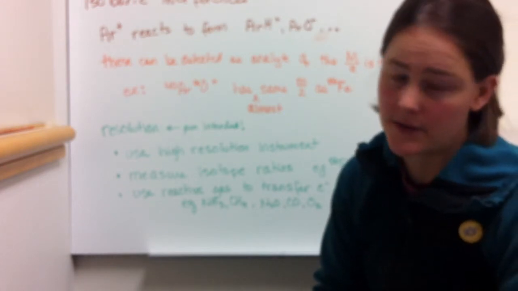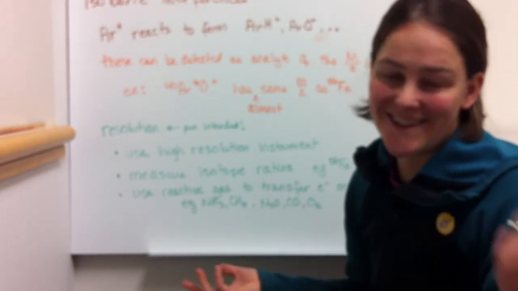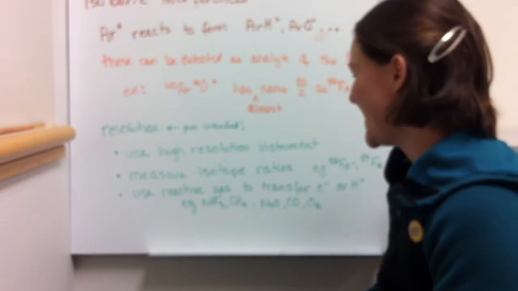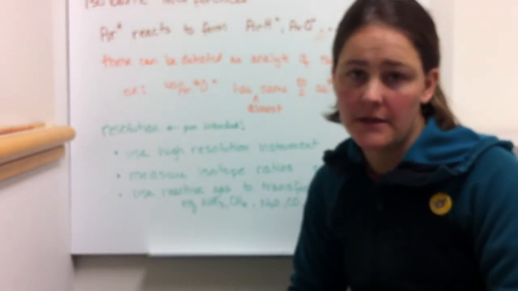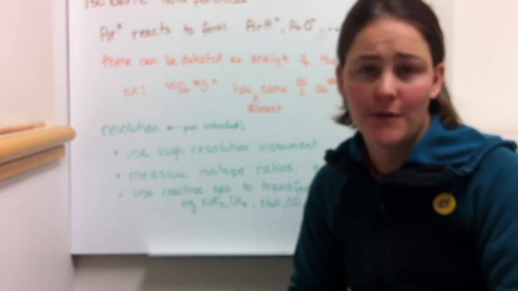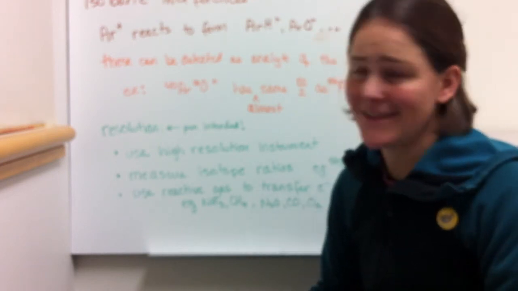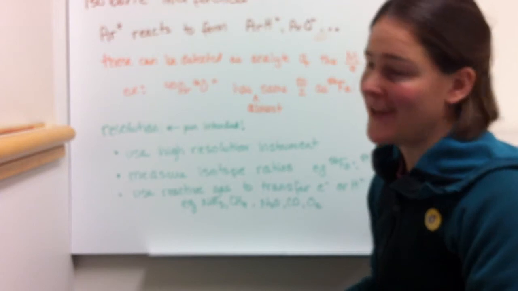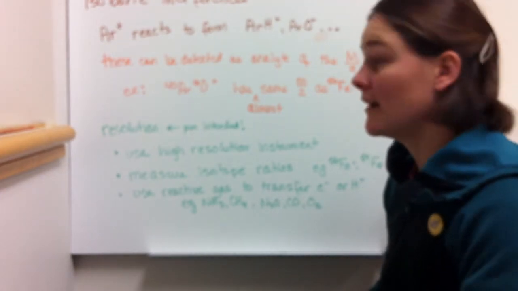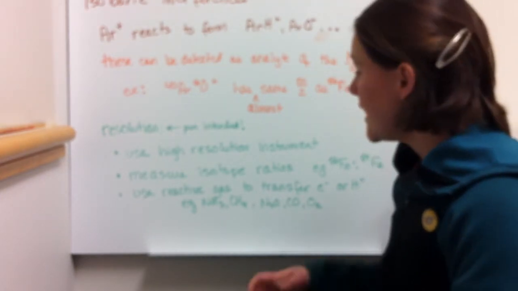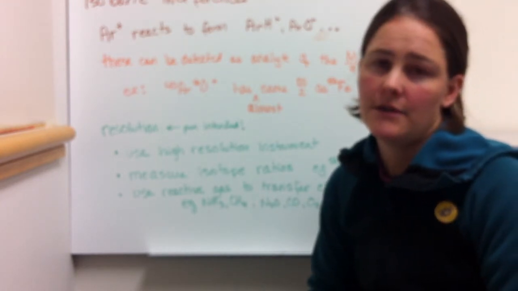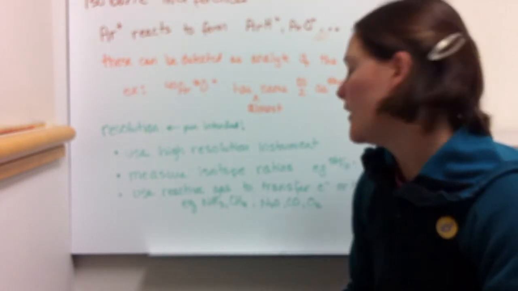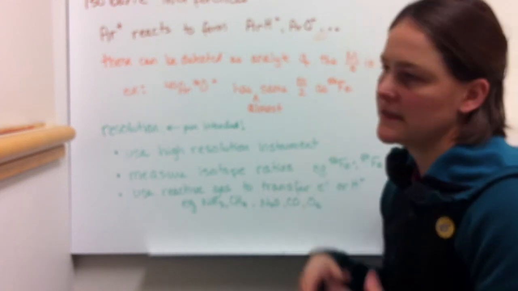So the way that you can resolve this issue, and I totally intended that pun, I'm so nerdy, is you can use a high resolution instrument, but most of us don't have access to one of those. These instruments are very expensive, and there aren't that many around. So instead, we measure isotope ratios. So what's the ratio of iron 54 to 56?